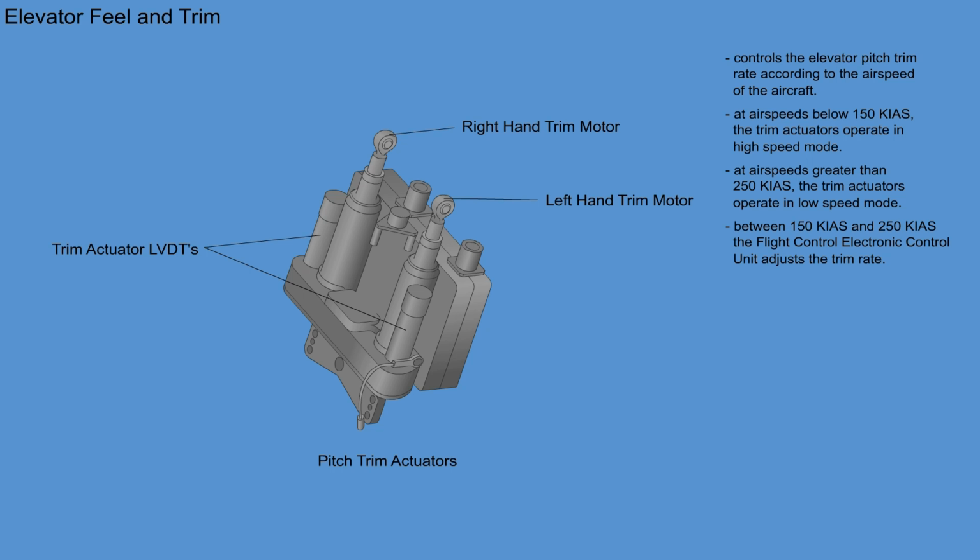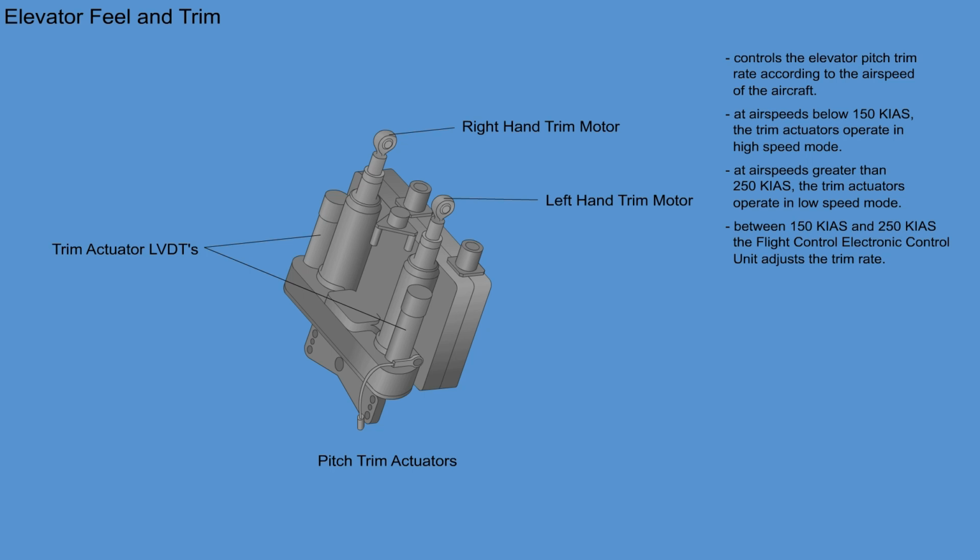Pitch trim signals from the trim switches or from the autopilot are prioritized by the Flight Control Electronic Control Unit in this order: pilot, co-pilot, and autopilot. The Flight Control Electronic Control Unit also controls the elevator pitch trim rate according to the airspeed of the aircraft.